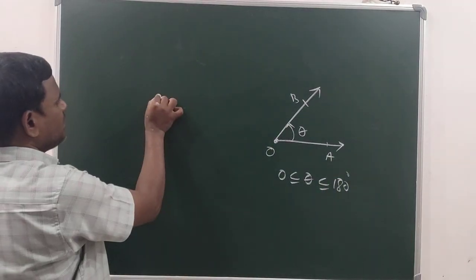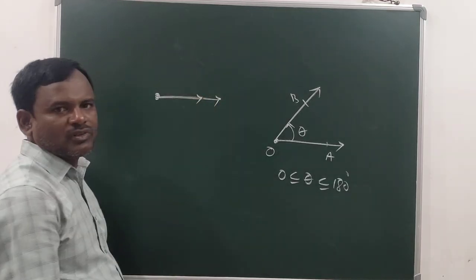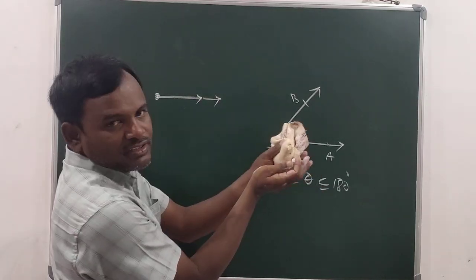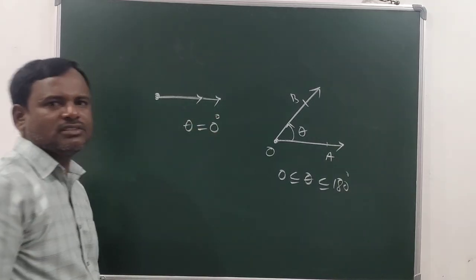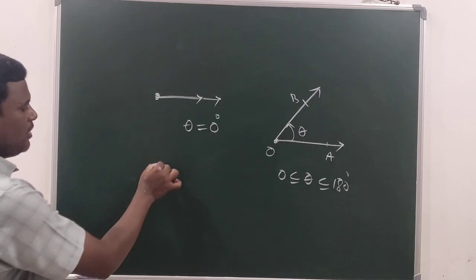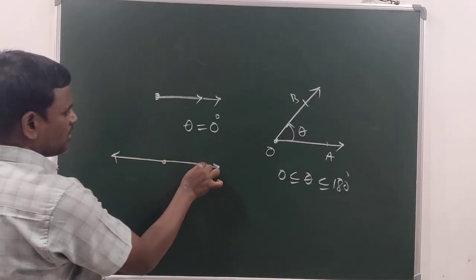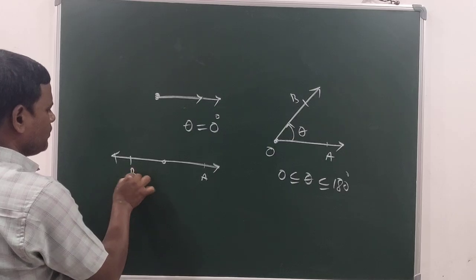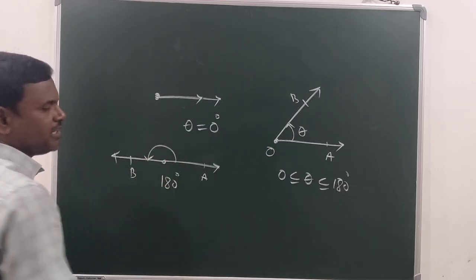If both are coincident, then theta will be 0 degrees. Or if both are in opposite directions, this is A, this is B, in this case the angle between them is 180 degrees.